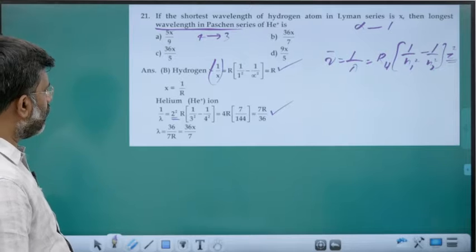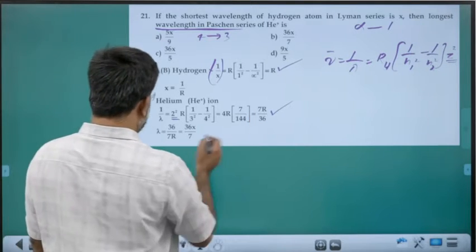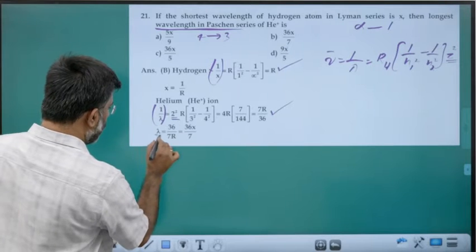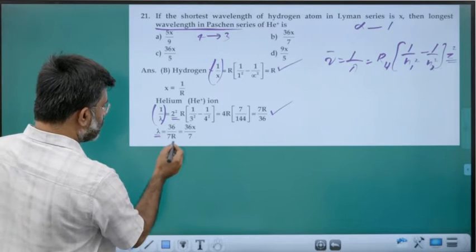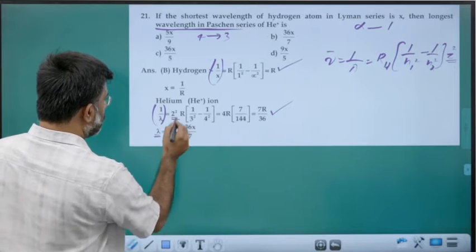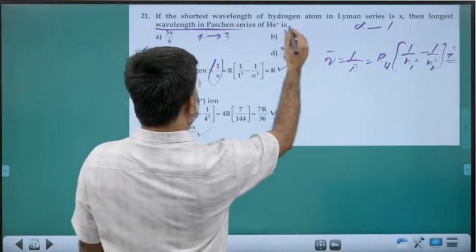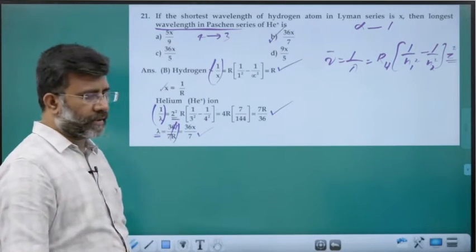R is 1 by x. Isn't it? 7R by 36, that is 1 by lambda. We want lambda. Lambda will be 36 by 7R. Now 1 by R is equal to x, so it is 36x by 7. Option B, the correct answer.